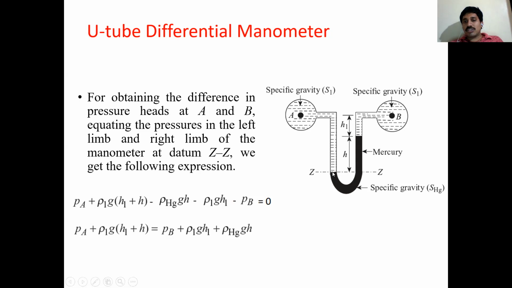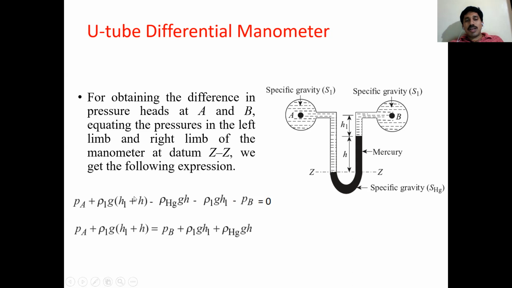So the mercury level starts. Till that we have to take the hydrostatic pressure equation. So this is PA. Next, the fluid is going in the downward direction with a certain amount of H1 plus H, and finally I have reached the second liquid level on the left limb, that is the mercury level.